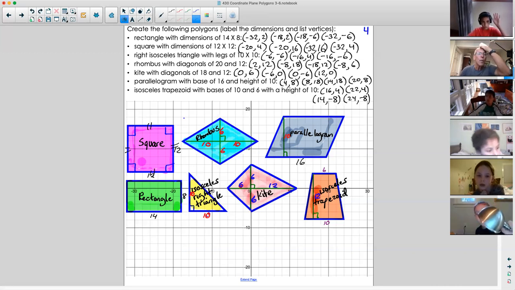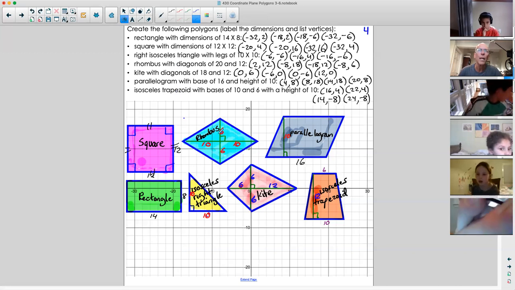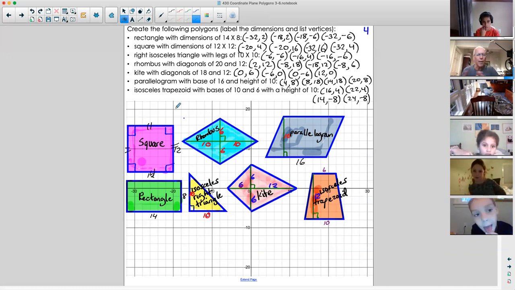Now, guys, I want to tell you a little story about the rhombus. Everybody thinks that the rhombus is the shape of a diamond. And unfortunately, it is not a diamond. Not everybody has a diamond, but if you ask your mother if she has a diamond ring, I will bet you good money that it does not look like a rhombus.